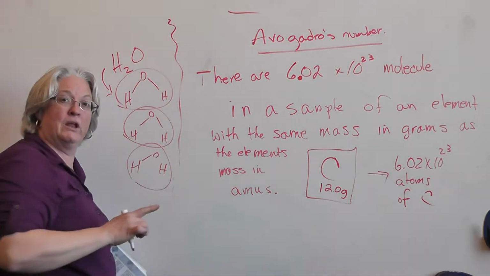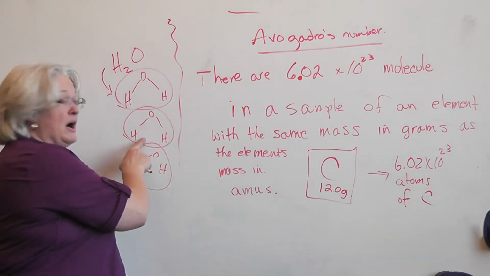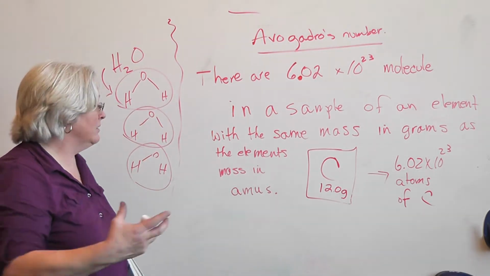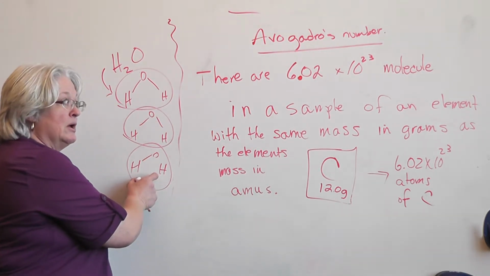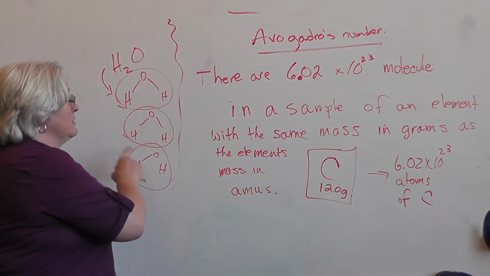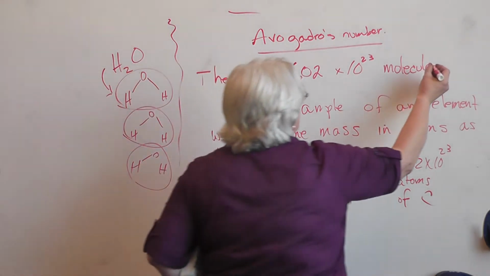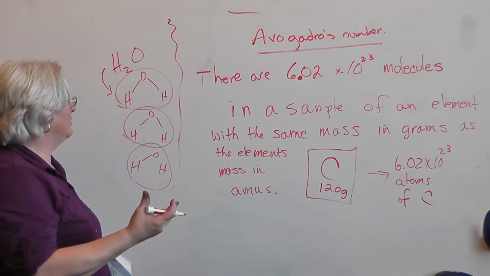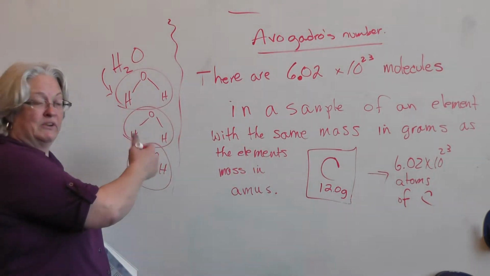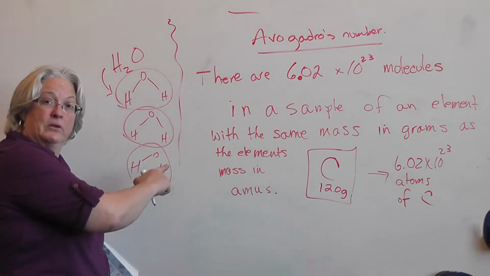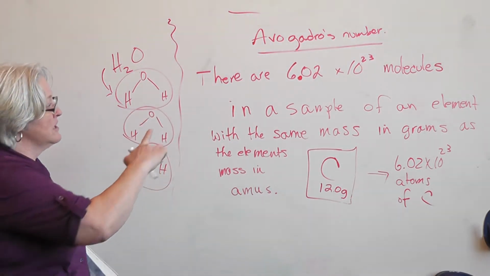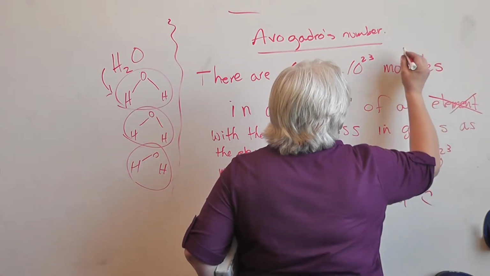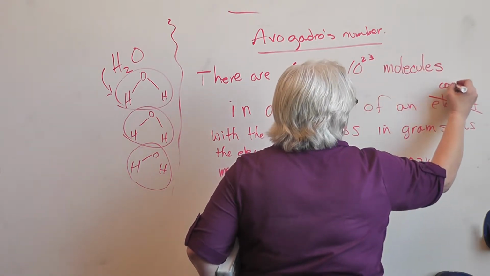When you have more than one element together, which is hydrogen and oxygen, these are called molecules. So there are 6.02 times 10 to the 23rd molecules in the sample. No, this is not an element because it contains 2 different elements. So it's in the sample of a compound.